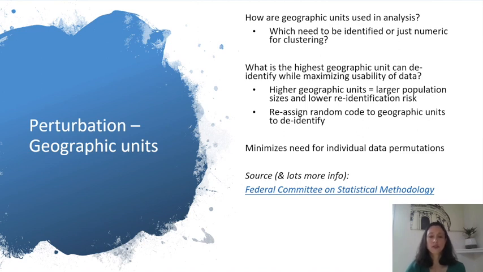If you think you need to leave much lower geographic units identifiable, that means, of course, you're in a potentially much narrower population where re-identification risk is higher. So start with geographic units. If you can go up high, at least in our experience for the context we work in, that requires much less variable by variable data permutation because the de-identification is happening through the geographic unit de-identification.